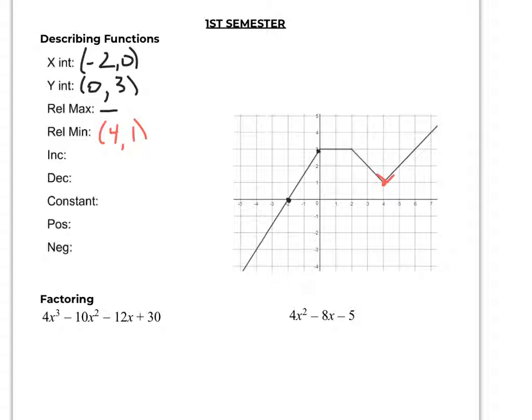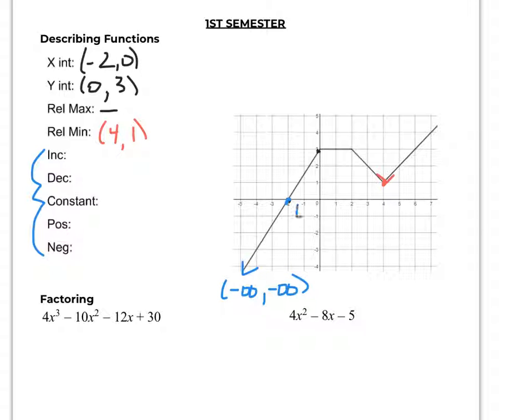Now we're going to go from talking about points to talking about intervals. Let's talk about increasing. Increasing is where it's going up from left to right. All of these are intervals, and we only use the x values. So one thing we talked about was writing coordinates. This is going left and down, so negative infinity, negative infinity.